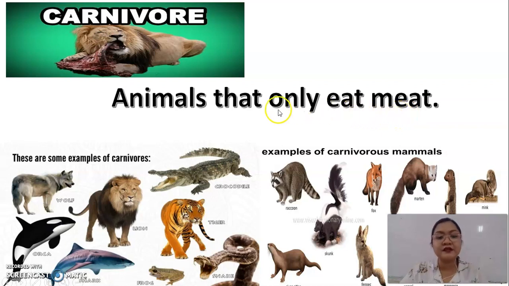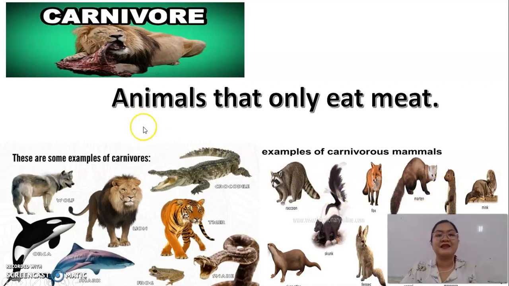Okay, very good. What are the examples of animals that only eat meat? Can you give teacher? Yes, very good. We have wolf, orca, shark, lion, crocodile, tiger, very good, snake, raccoon, fox, and mink.